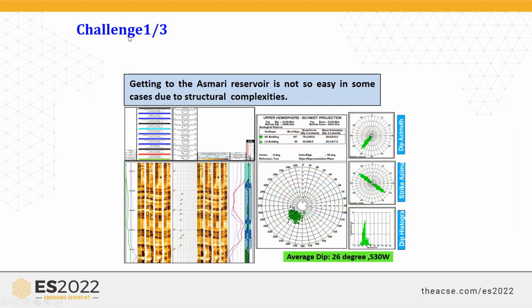The first challenge we always have is that getting to the Asmari Reservoir is not easy in some cases due to structural complexity.